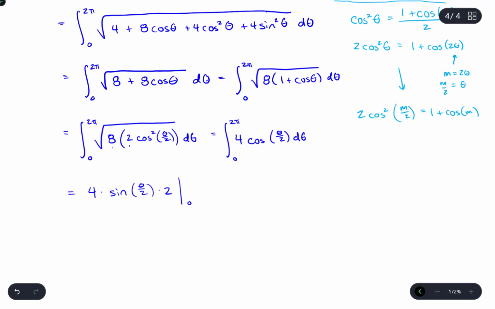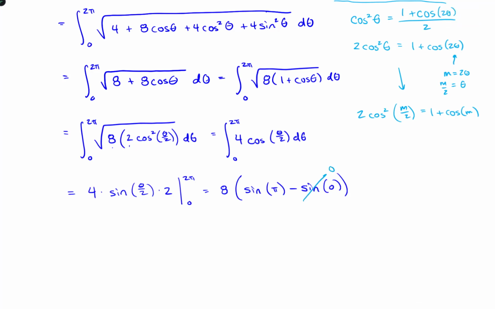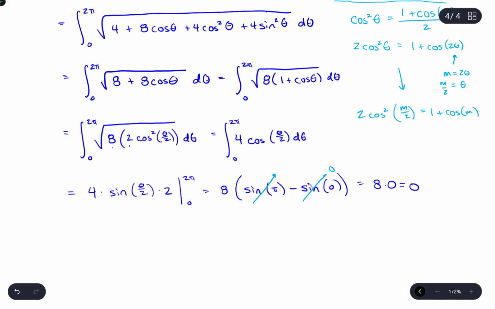Then that's going to get integrated from 0 to 2 pi. So effectively, I have 8 times the sine of 2 pi over 2, which is pi, minus the sine of 0 over 2, which is 0. All right, now the sine of 0 is 0, and in fact, the sine of pi is also 0. So what happens here is I end up with 8 times 0, which is 0.